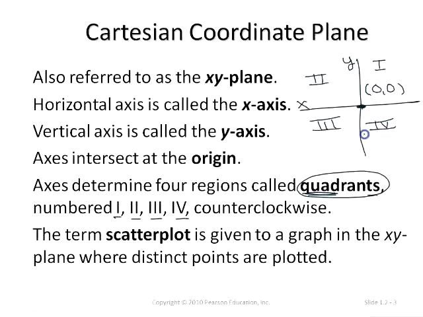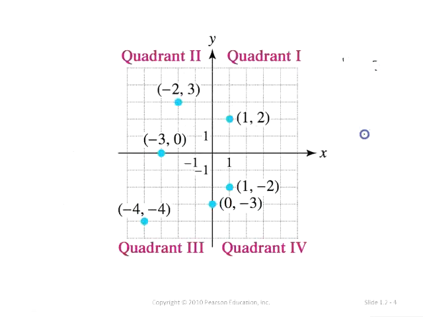When we plot points on the XY plane, we call that a scatter plot. When we just plot a bunch of points, we just scatter the points all over. Here's an example of a scatter plot. The blue dots are the points, and each point is labeled with the ordered pair that's associated with it.